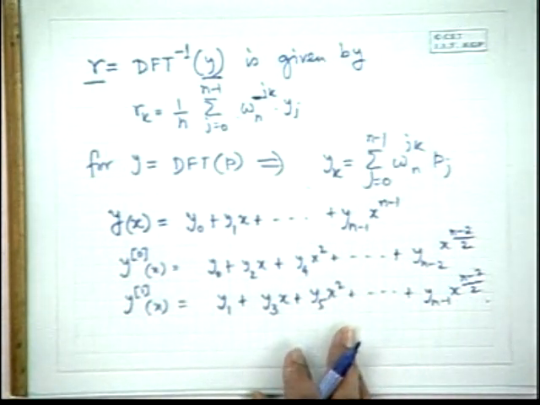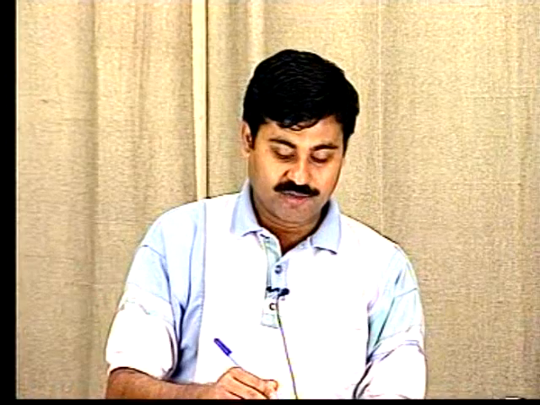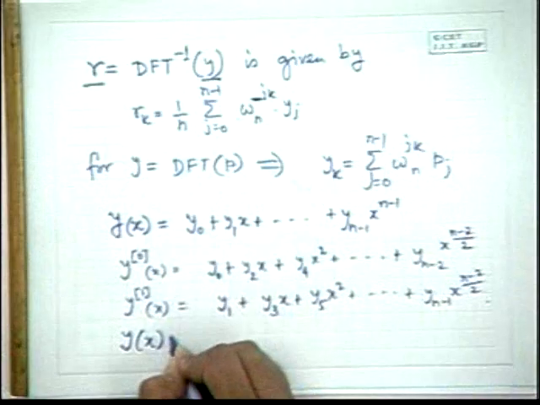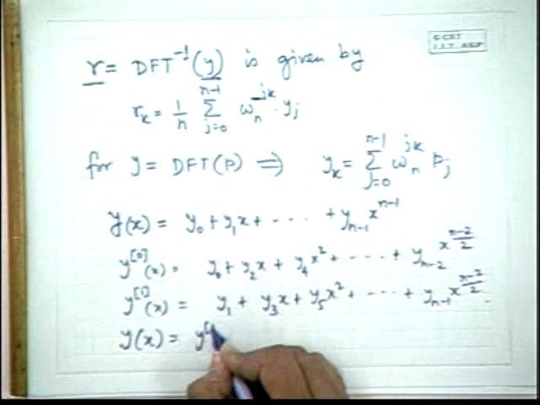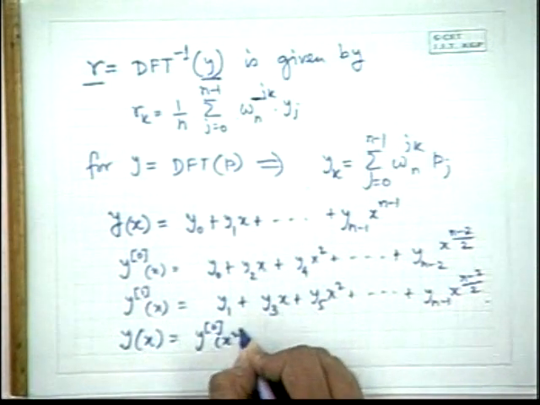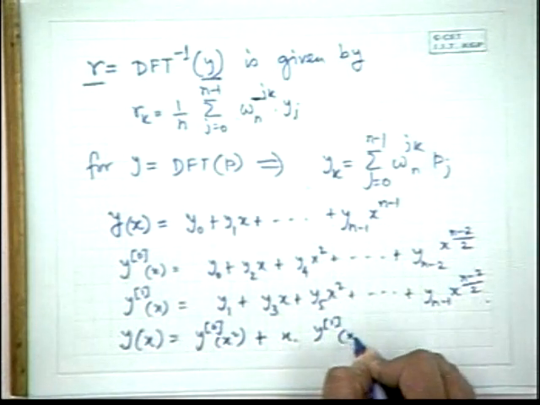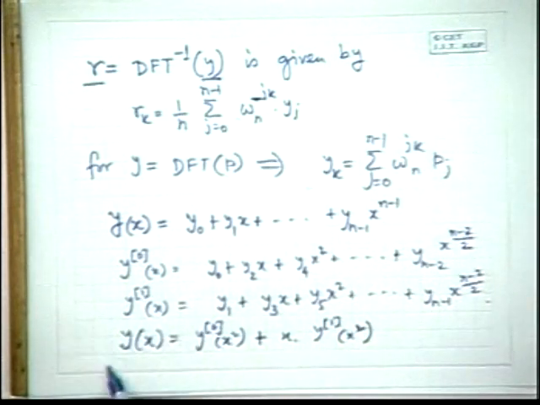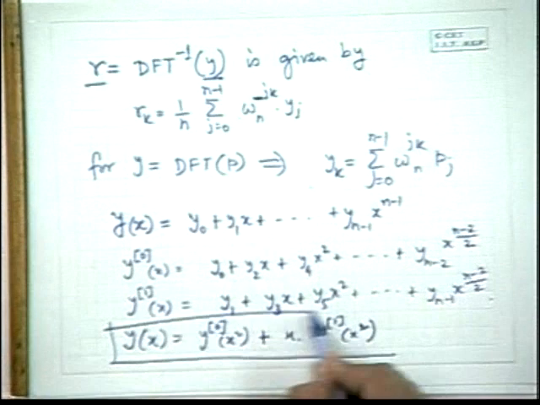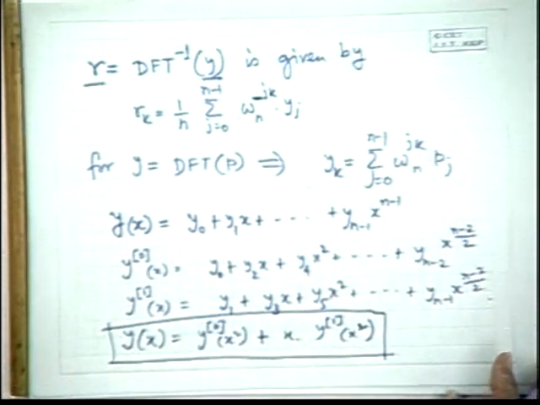Now remember, y(x) can be written as y0(x squared) plus x times y1(x squared). We can write y(x) like this, just like we did for p.